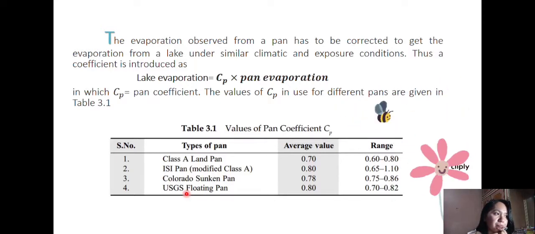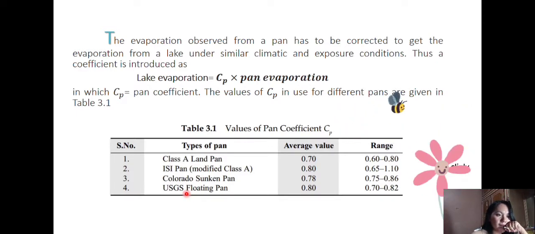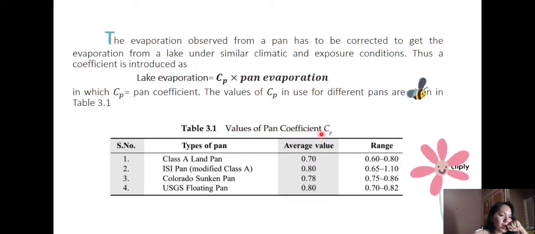Thus, a coefficient is introduced as lake evaporation is equal to C sub P multiplied by the pan evaporation, in which C sub P is equal to the pan coefficient. So the values of C sub P in use for different pans are given in table 3.1. So here is the table 3.1, values of pan coefficient C sub P.